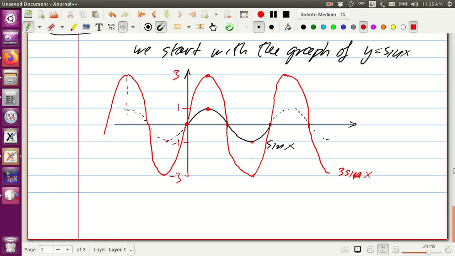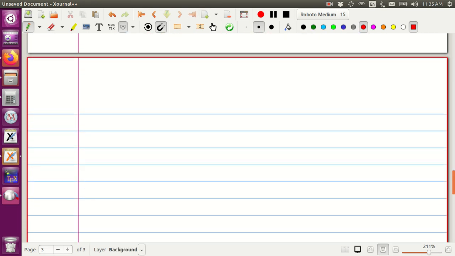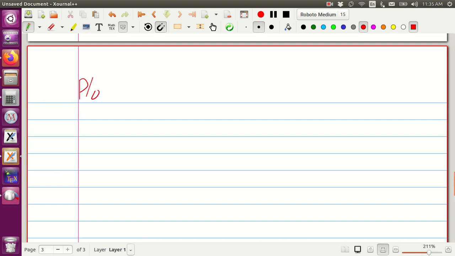All right, so let's do the last example for the review. The last example for the review is plot y equals cosine of 4x.